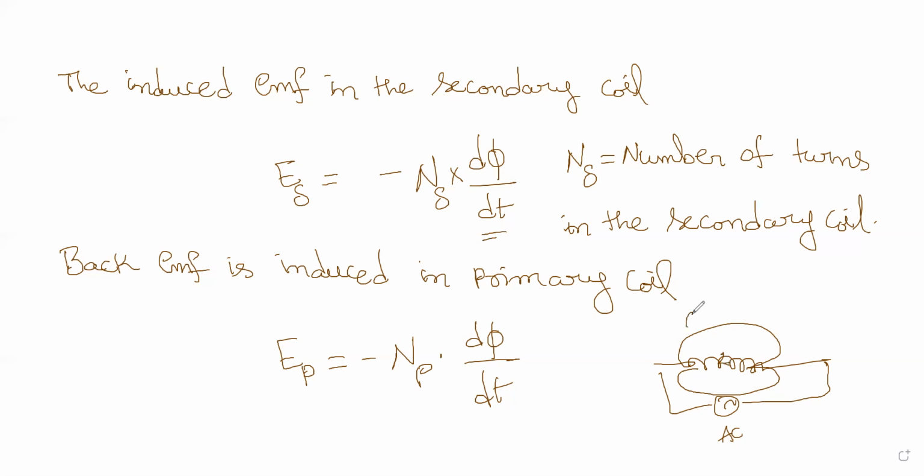Another coil surrounding this magnetic field is also influenced by it. This is what happens in the transformer. Hope I'm clear what is happening.